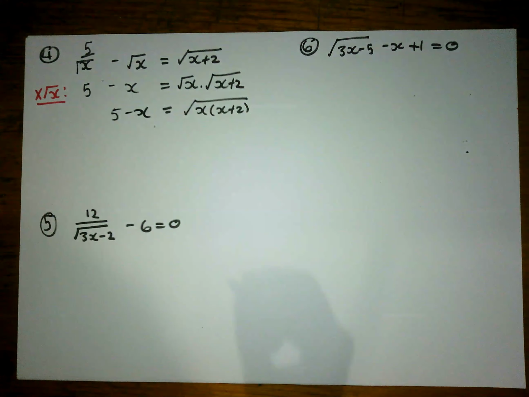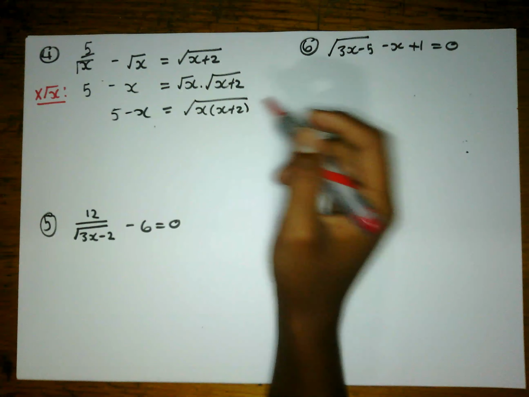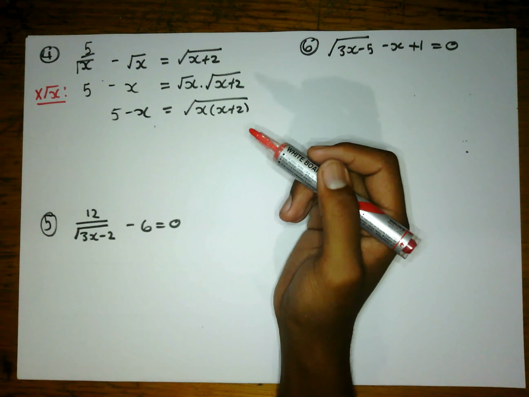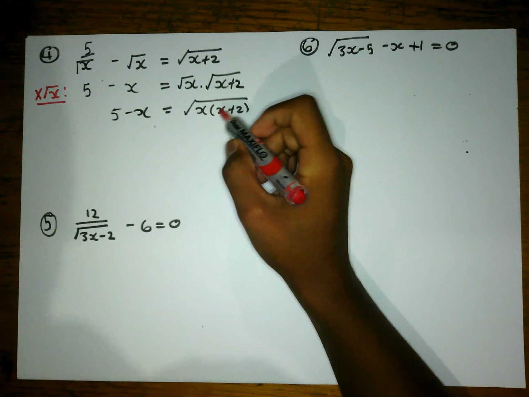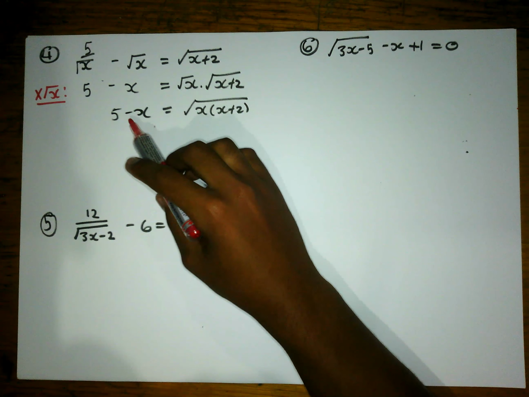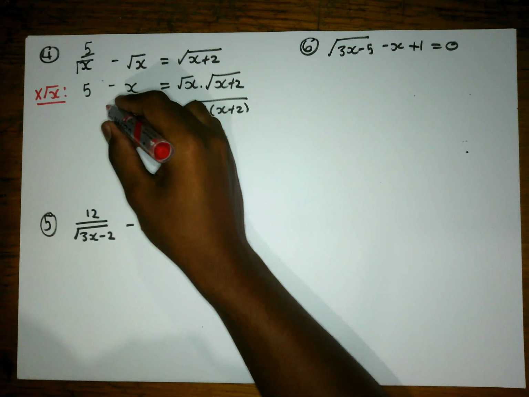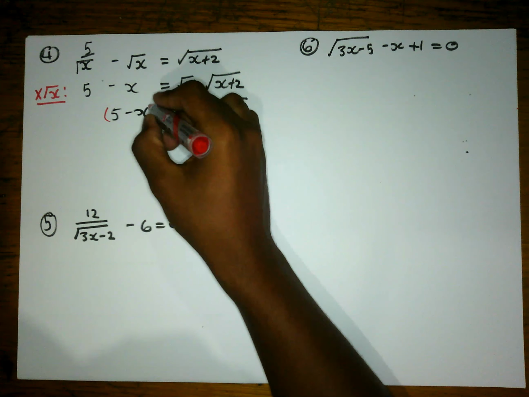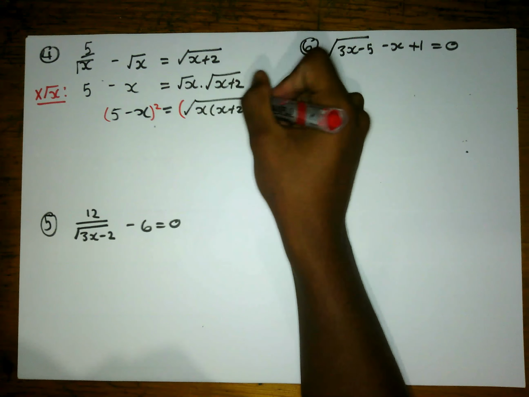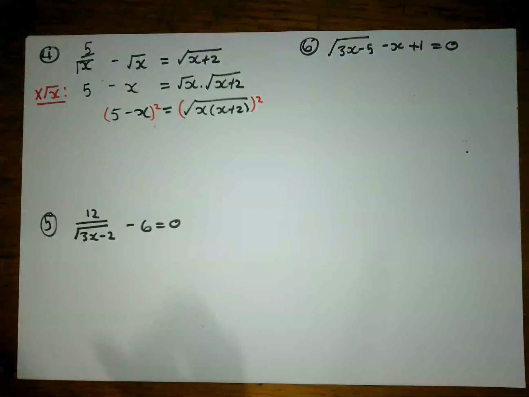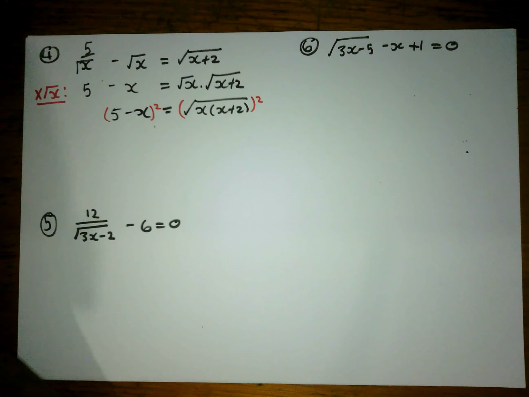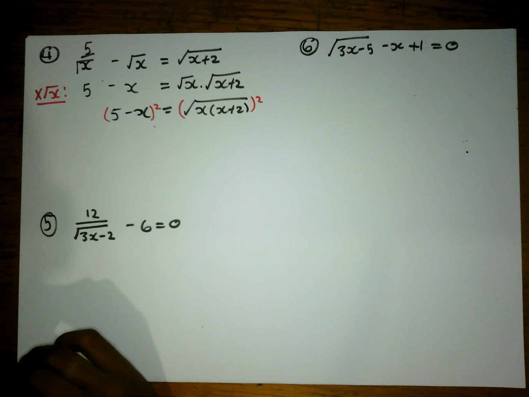Okay, so again now we have the equation in the form we want. We have a square root on one side and an expression like 5 minus x on this side. So now we're gonna square both sides. I hope you can notice that the rules are the same. The method we are using is exactly the same as for the previous question.